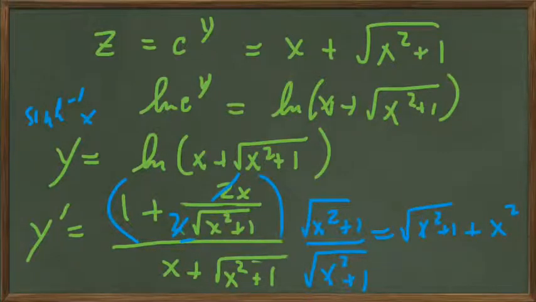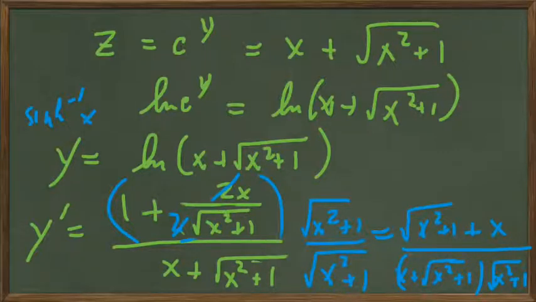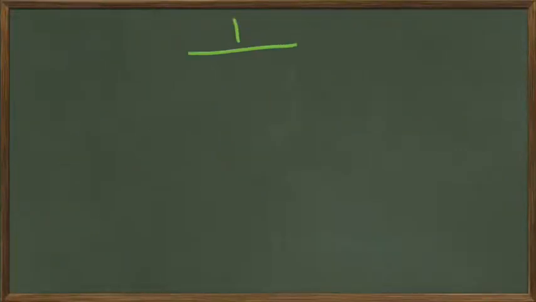The square root of x squared plus 1 cancels out, right? And so we just get x, and then in the denominator, if we don't multiply it out, we get x plus square root of x squared plus 1 times the square root of x squared plus 1, and we leave it in that form because then we notice that this term in the numerator cancels with that term in the denominator, so we're only left with this.